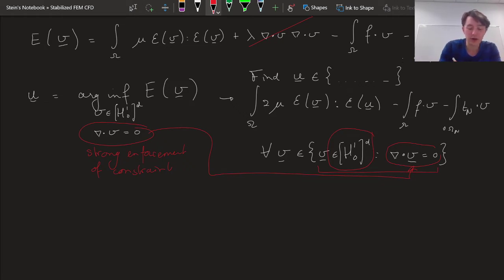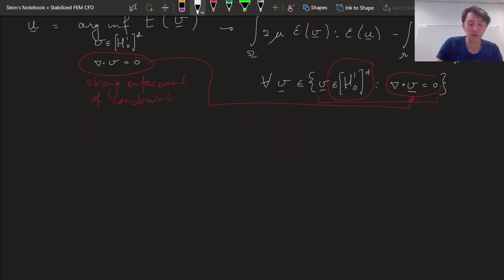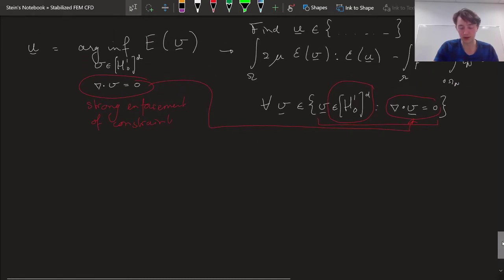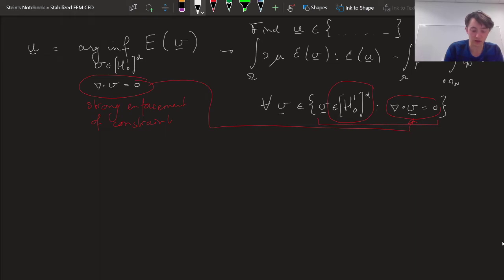Now, again, this is not very appropriate, so we want to do this differently, and instead we want to weakly enforce this constraint. So this ends up following from a different minimization statement. And I'll already just give you the statement from which this follows, and then we'll look into it a little bit better. So we're going to define U as the solution to still that argument of the infimum of all functions v in H1 0.